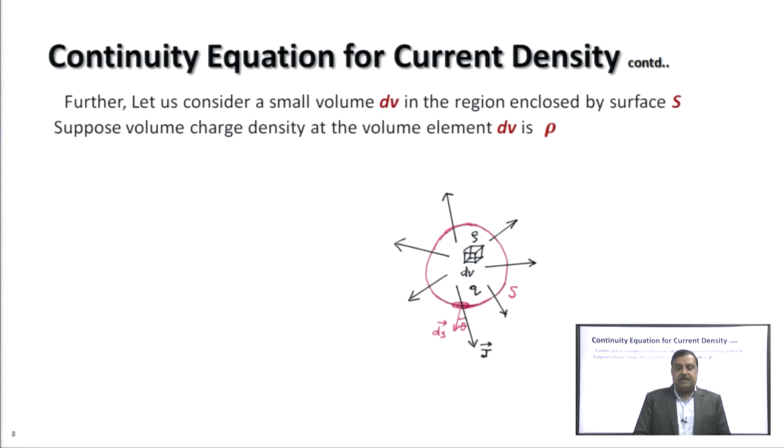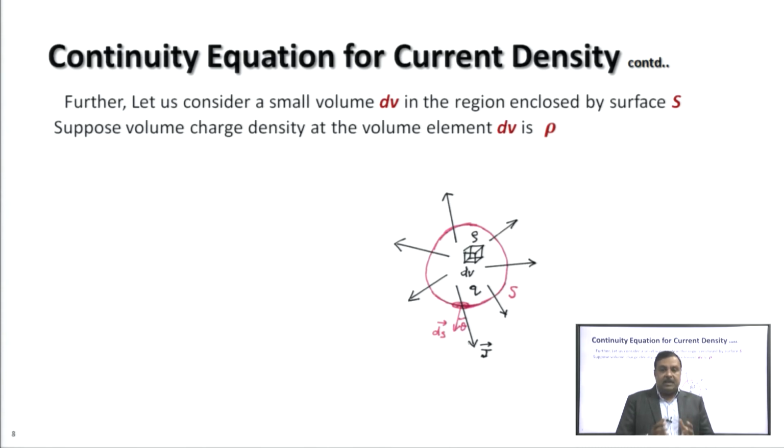Further, let us consider a small volume dV. In the volume enclosed by the surface S, let us consider a small volume dV, and if rho is charge density at the site of volume element dV, then what will be amount of charge in volume dV? It will be rho dV.